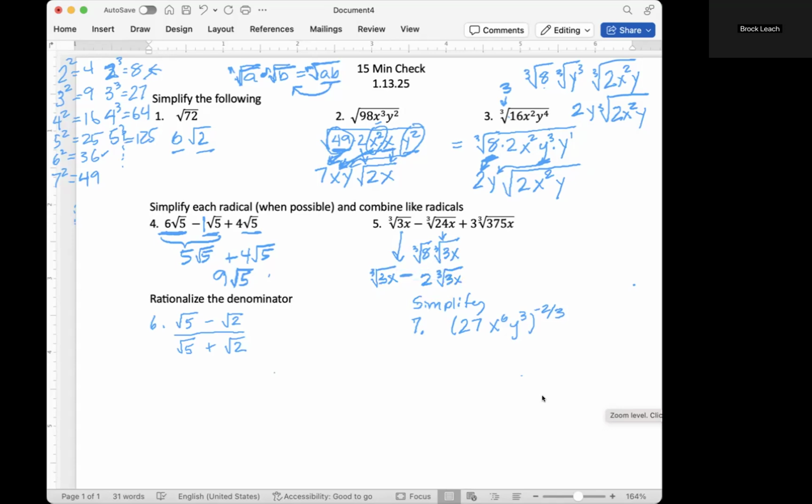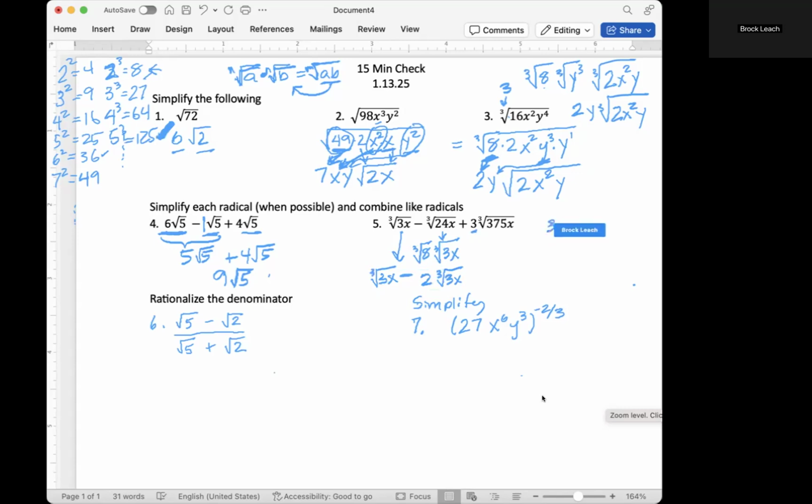And with 375, are there any perfect cubes that go into that? 125. Yeah. None of the other ones do, but 125 goes into it 3 times. And notice also there's a 3 out here already, so we just want to be careful about that.